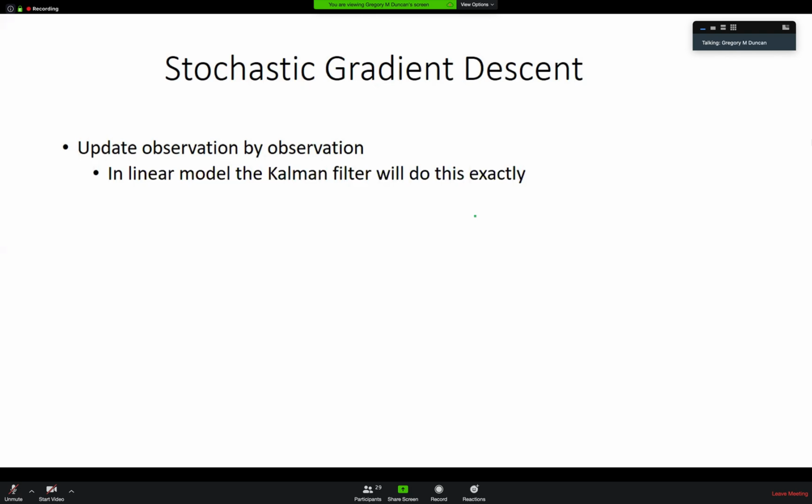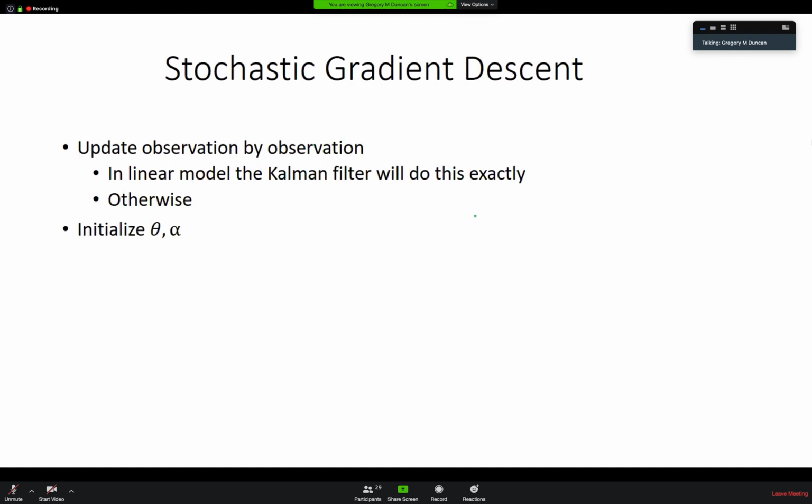Do you want to have to redo your whole estimation? It turns out you don't have to. There are updating formulas that allow you to update observation by observation. For the linear model, it's called a Kalman filter. I say that for context because you'll see that often in papers you read. They'll say, in the linear model, we did the Kalman filter, and you go, what are they doing? All they're doing is updating a linear model observation by observation.